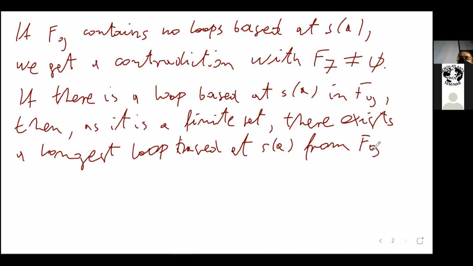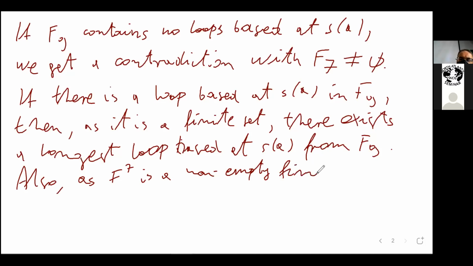But now also, F7 is a non-empty finite set of loops based at SA.